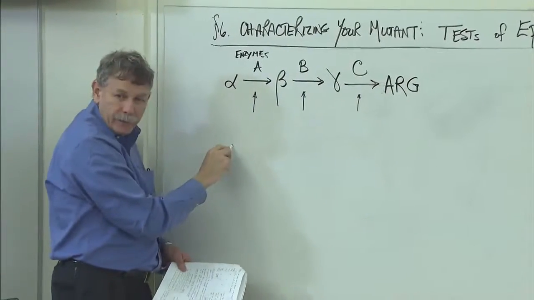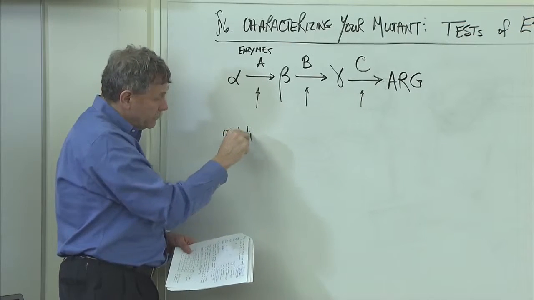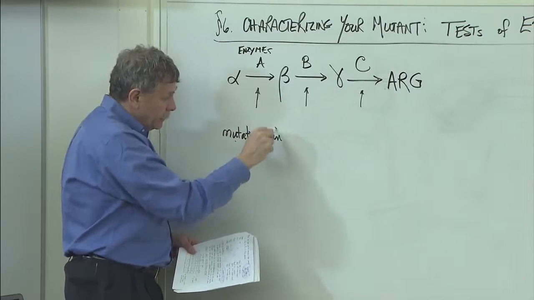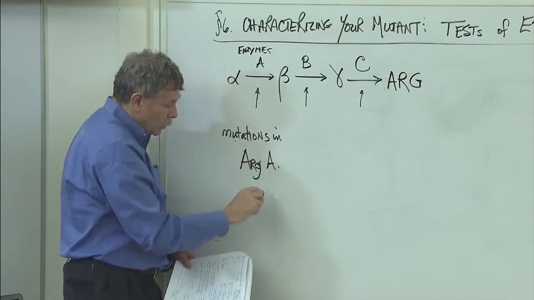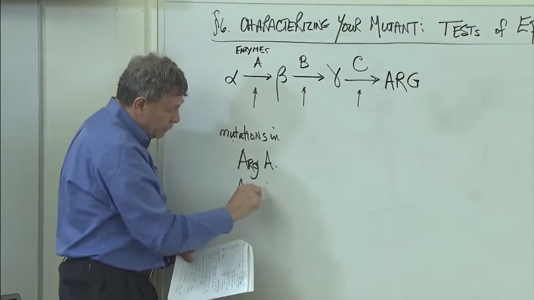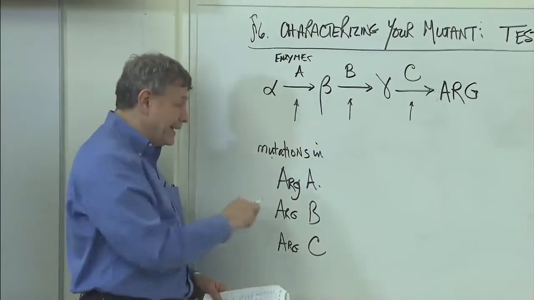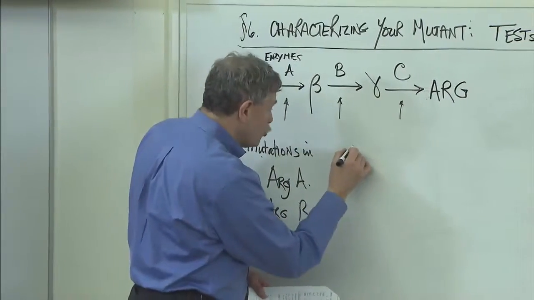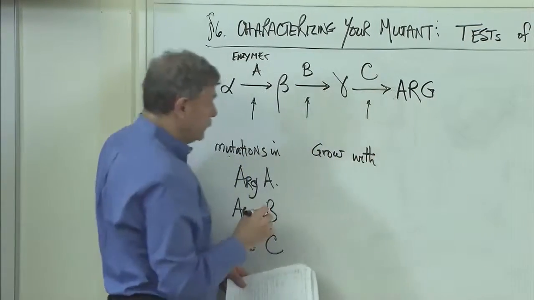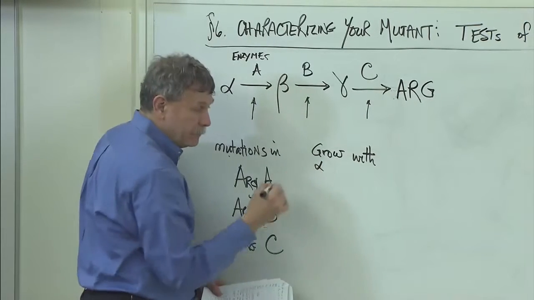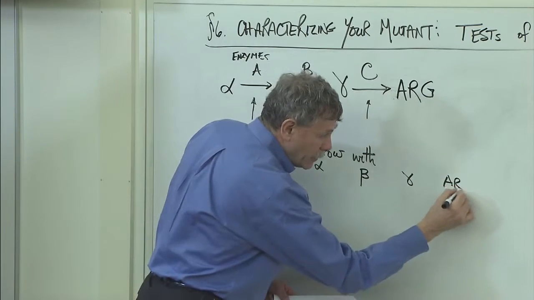So I could, for example, imagine that I had mutations in ARG enzyme A, or ARG enzyme B, or ARG enzyme C. And I could test whether these can grow with giving them alpha, giving them beta, giving them gamma, or giving them arginine.